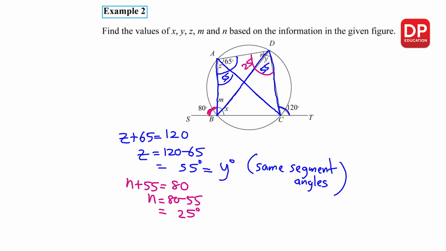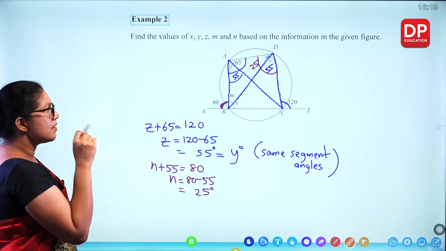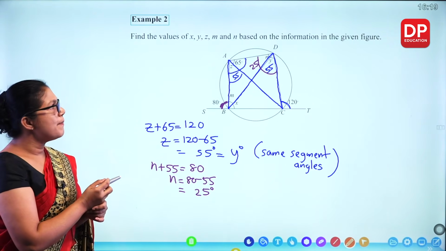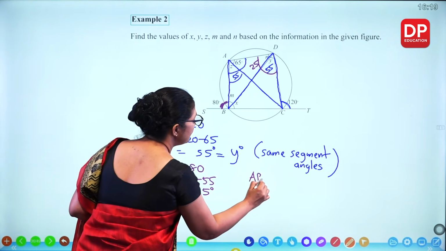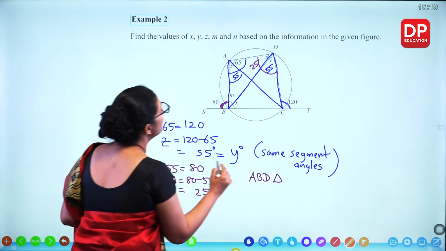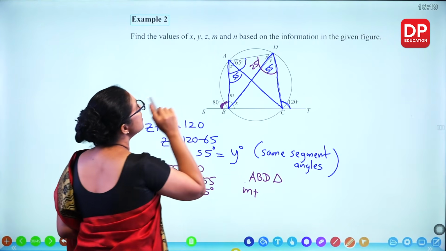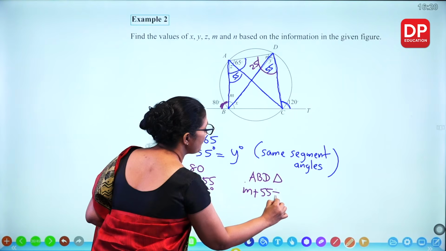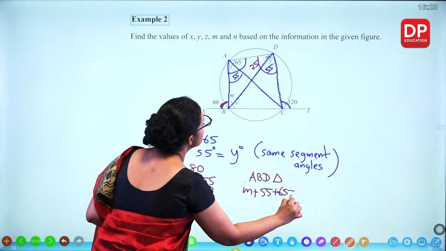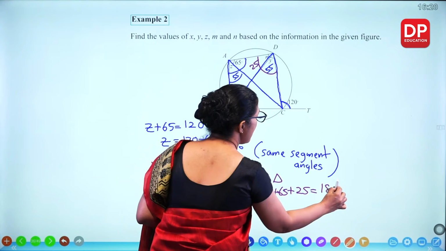Now we need to find out this one, M. M we can find out using triangle ABD. In triangle ABD, M plus 55 plus 65 plus 25 is equal to 180.